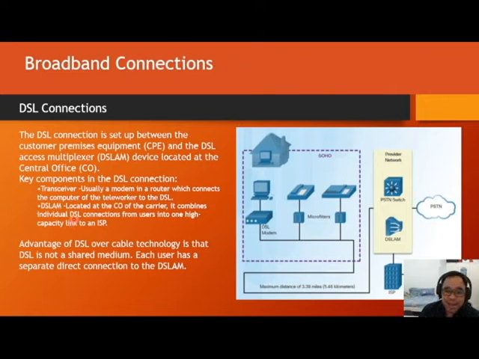So the DSLAM is located at the CO of the carrier. It combines individual DSL connections from users into one high-capacity link to an ISP. The advantage of DSL over cable technology is that DSL is not a shared medium. Each user has a separate direct connection to the DSLAM.